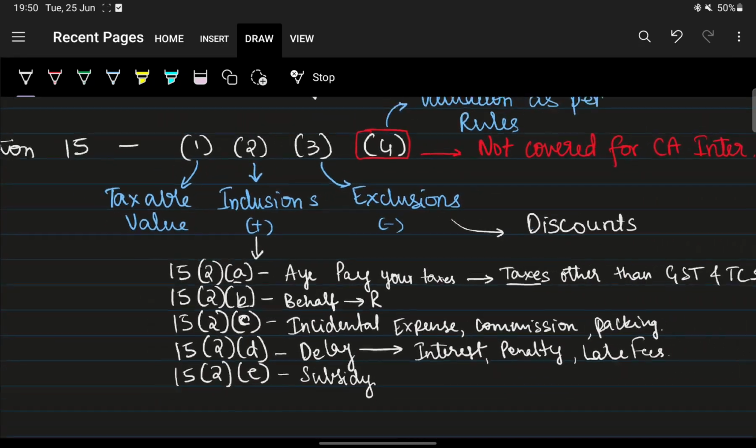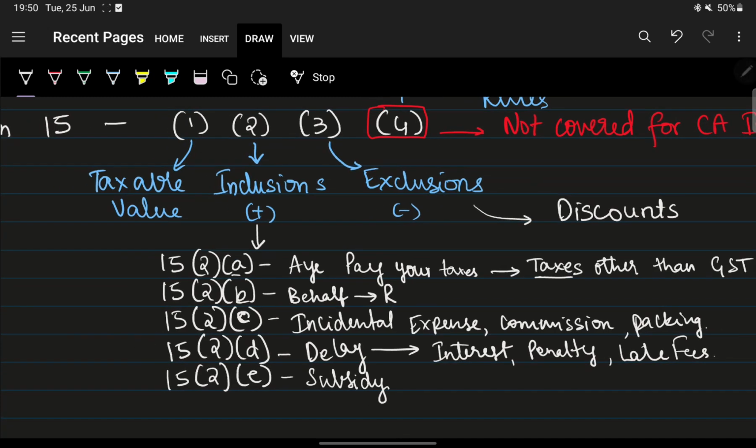Okay, so firstly, when it comes to taxable value, what should be in the taxable value? Any price that is paid or payable for the supply of goods or services will come under section 15 subsection 1. What will come in section 15 subsection 2? The amounts that are to be added. What is clause A?